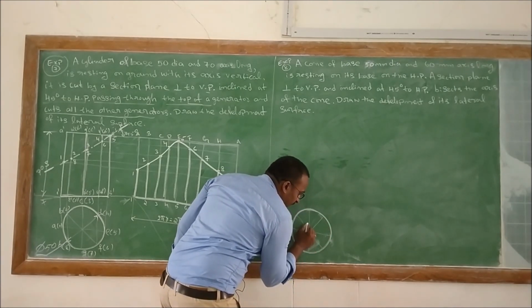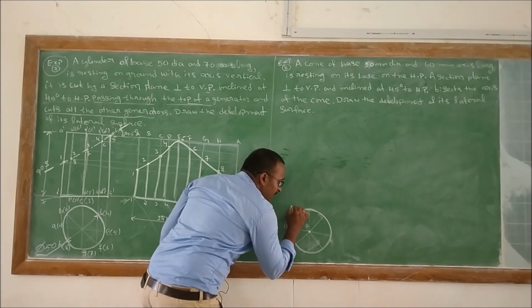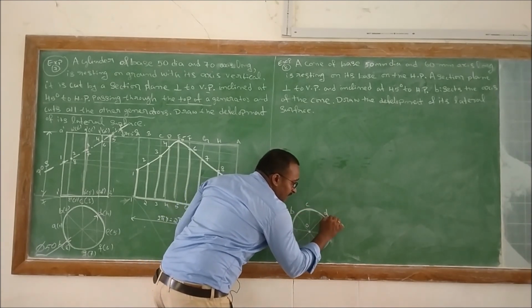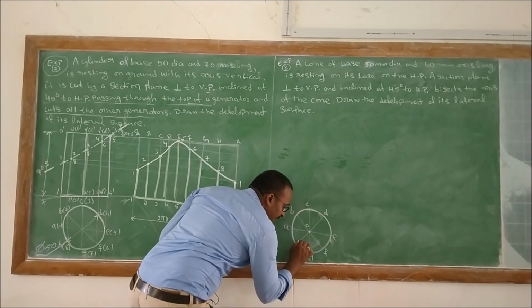At center we will have an O point. So here it is A, B, C, D, E, F, G, H.